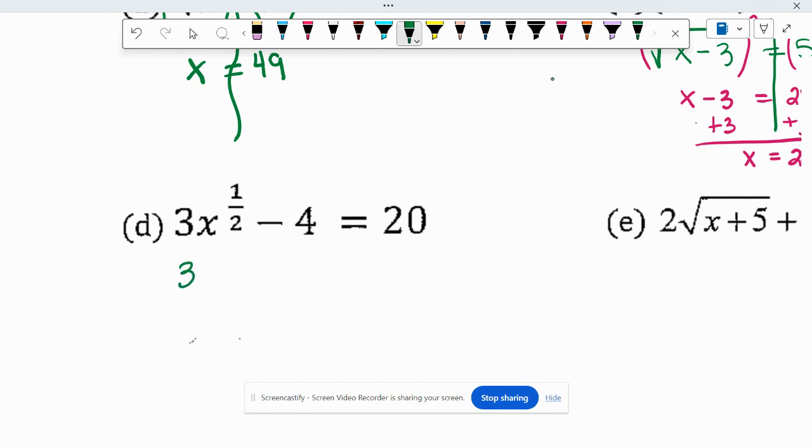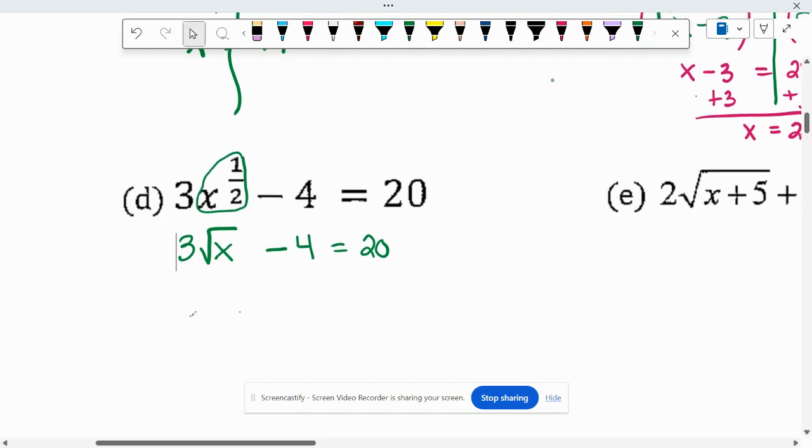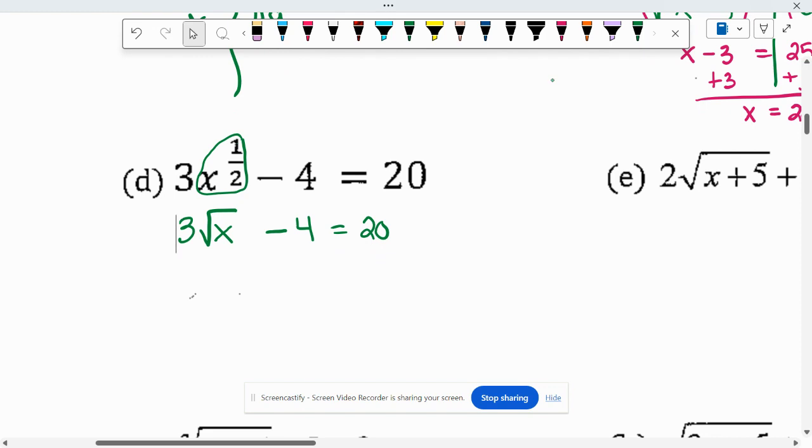So it's really 3 times the square root of x. And then outside of that square root is -4 equals 20. Because the only thing that's really being raised to the power of 1/2 is that. That's your radical, okay? So let's see. The only way that we can get the radical all by itself, well, first we're going to add 4 to both sides.